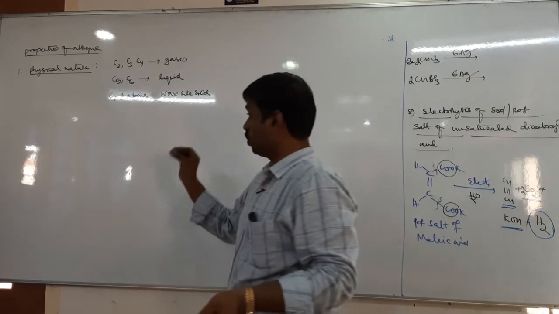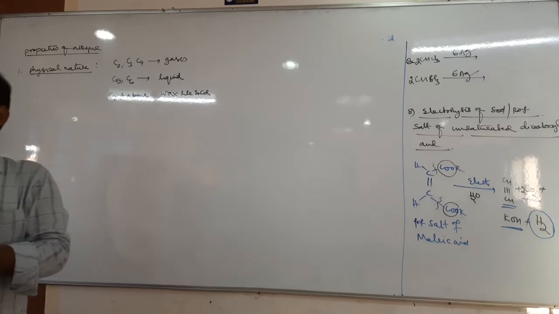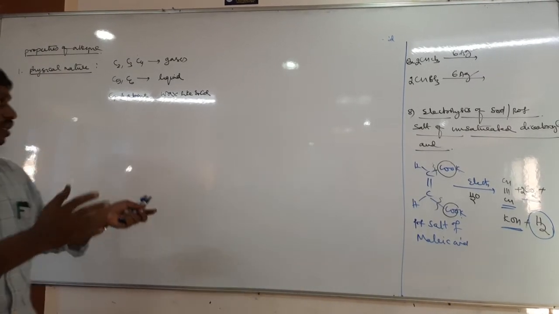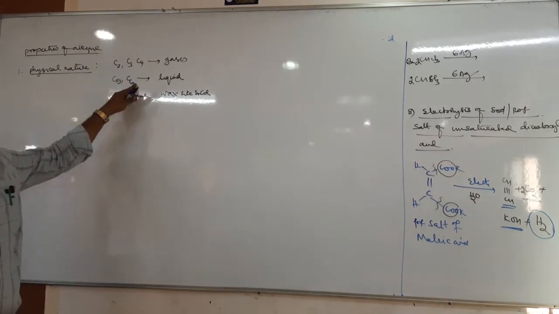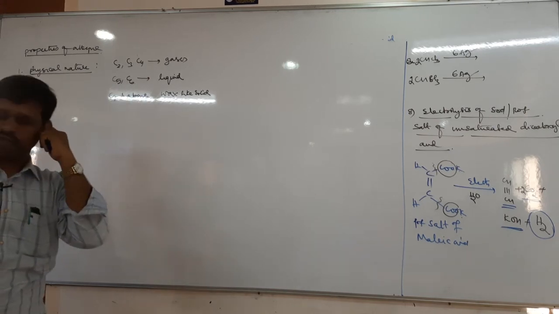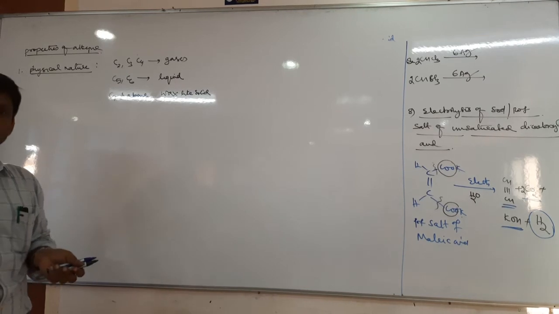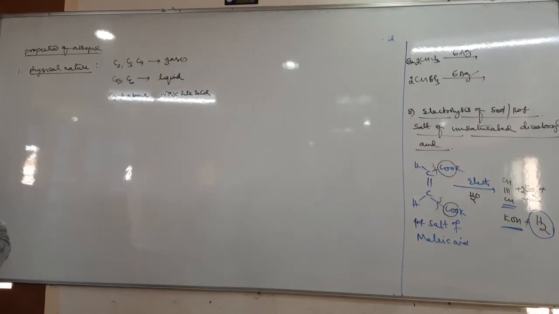So therefore, due to polarity they have more force of attraction between the molecules. Due to more force of attraction, C5, C6 become liquid, and more than C6 it becomes solid. They exist like, say, a wax-like solid. It's not like a wood solid, not very strong. It is a soft solid, wax-like solid. Okay.